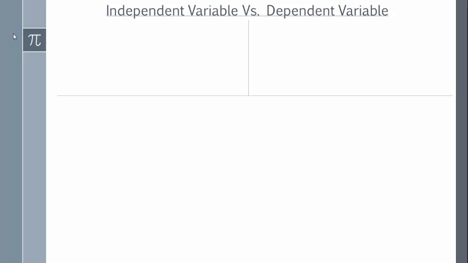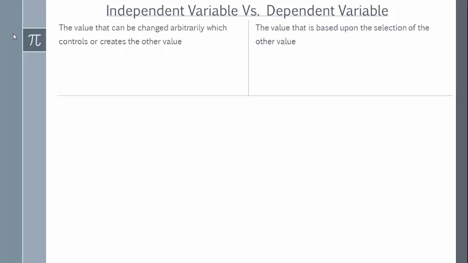Independent versus dependent variables. The dependent variable is the value that is based upon the selection of the other value. So this is the value that requires the other value in order to be determined. And the independent variable is the value that can be changed arbitrarily, and this one controls or creates the other value.